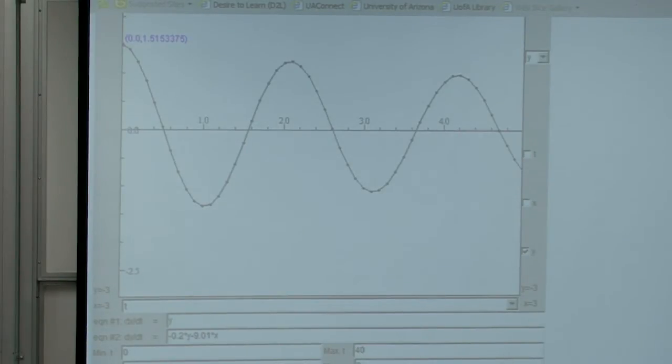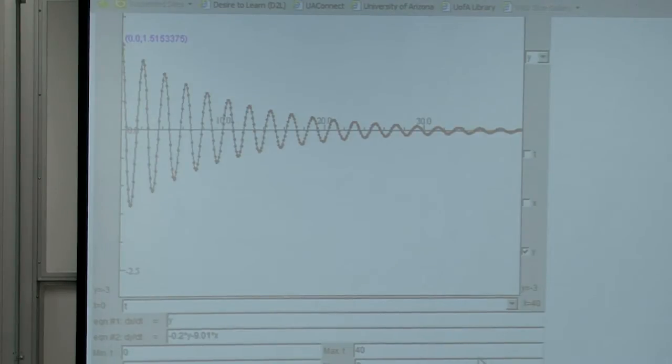Now we'll submit all. And now that's the picture, only I've stretched the time axis to 40 units. Now you can see what happens. This is the velocity. The velocity is high, but each time it goes through an oscillation. So let's look at the position now. So the x versus t.